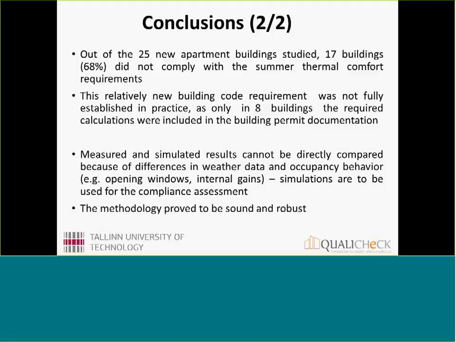So this shows that this relatively new building code requirement was not fully established in practice, and actually only 8 buildings had required calculations and documentation included in the building permit design documentation, and only 8 buildings were complying with this requirement, showing that if you run these temperature simulations and then apply necessary corrective measures, this requirement can be fulfilled fully with passive measures.